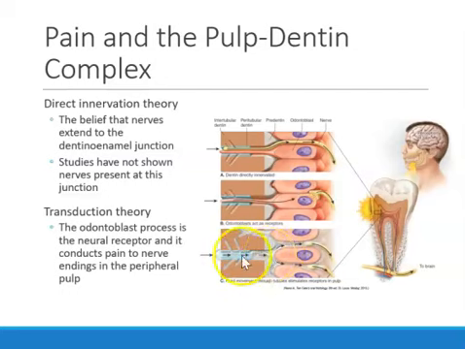The fluid moves, the odontoblast process is moving as well, and that contacts the nerve in the pulp, and then it sends the message to the brain to say I'm in pain. I'm in pain because the odontoblast and the fluid move slightly over here, and then the pain is transmitted to the pulp.